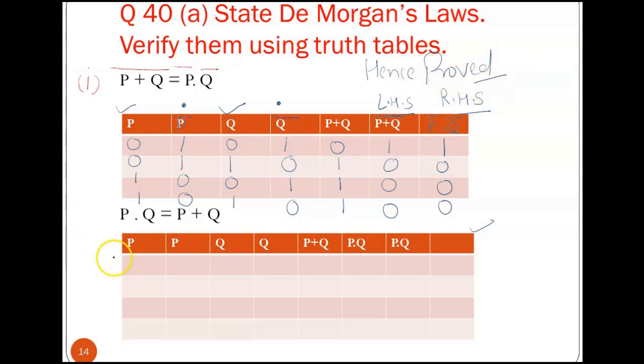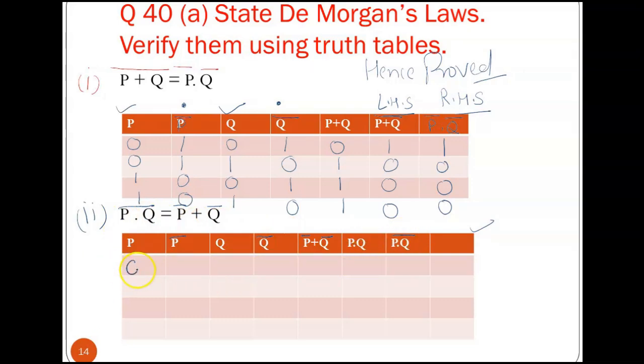Let us start with the second law of De Morgan's. Again we have to fill in the bars. So P dot Q whole bar is equal to P bar plus Q bar. Again the same thing: P is required, then P bar, then Q, then Q bar. Then P plus Q is not required, it is P bar plus Q bar that is required. And then P dot Q and then P dot Q whole bar.